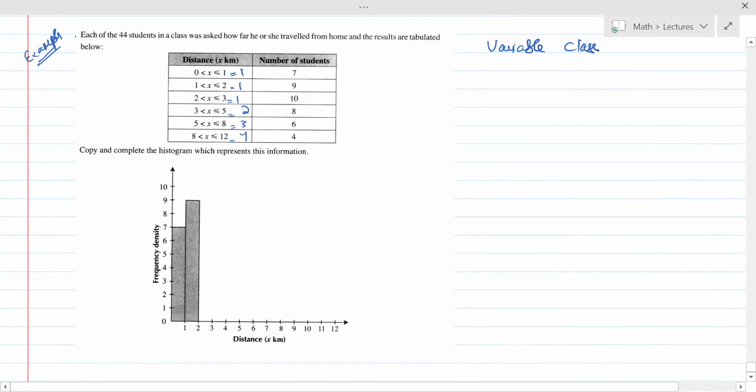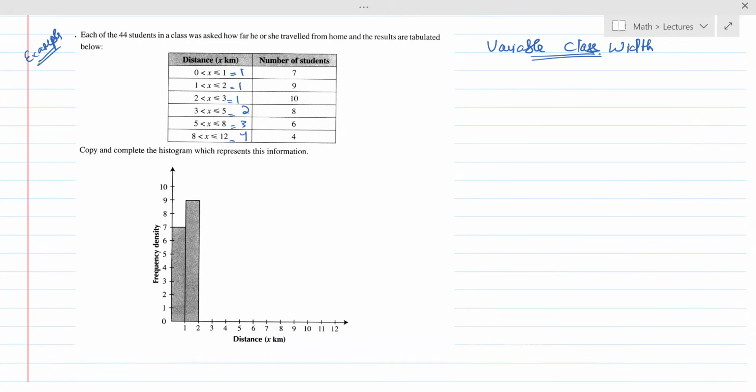When we have the variable class width, the histogram is slightly different from the previous one. Here we draw the rectangles where the vertical axis, or the heights of the rectangles, are represented by the frequency density.